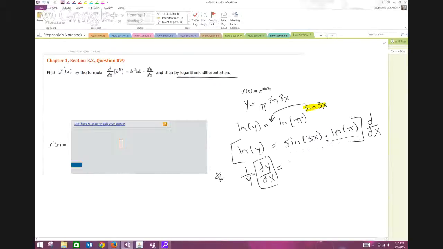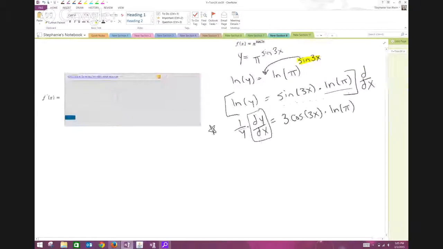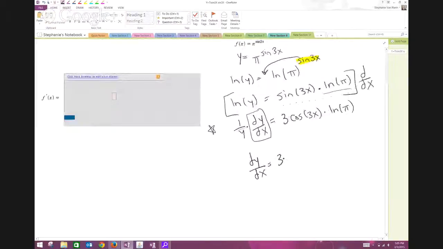So I take the derivative of sine of 3x, which would be 3 cosine of 3x, times ln of pi, which is a constant. So cleaning it up a little bit, I can write dy over dx is 3 ln of pi, which is just a number, times cosine of 3x, all multiplied by y.